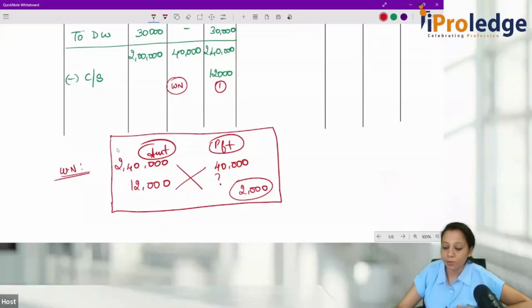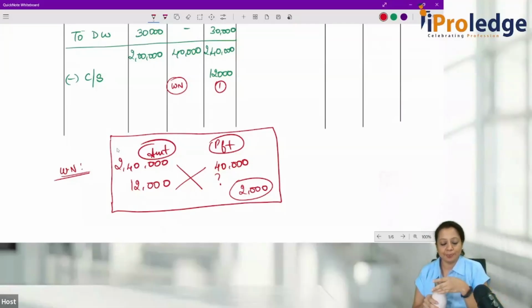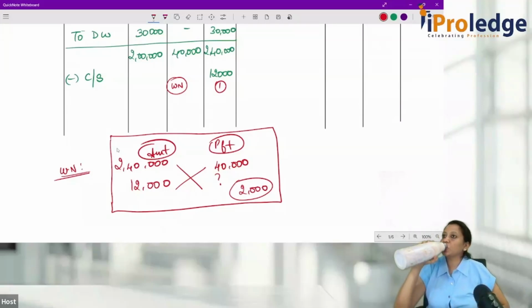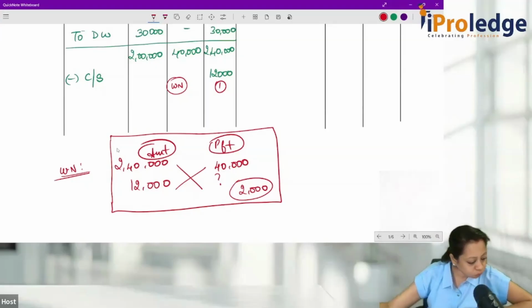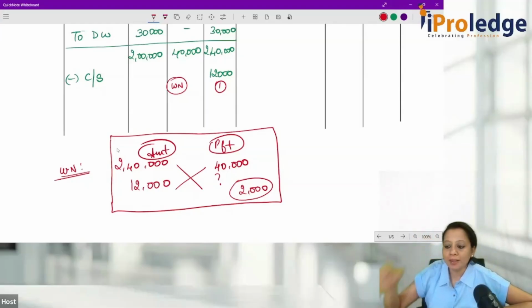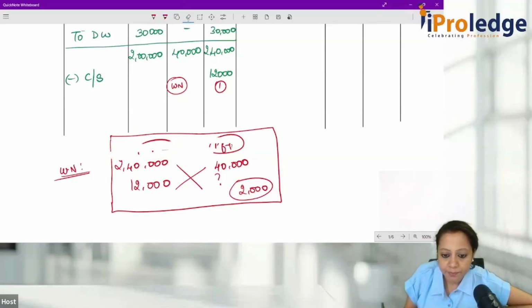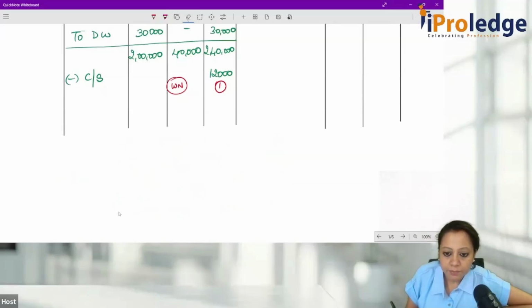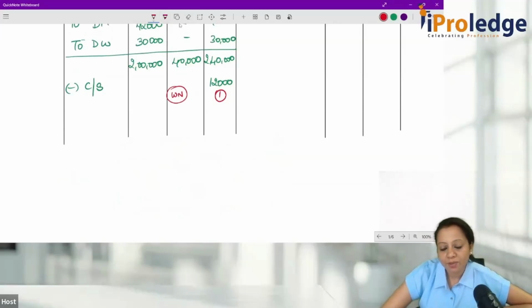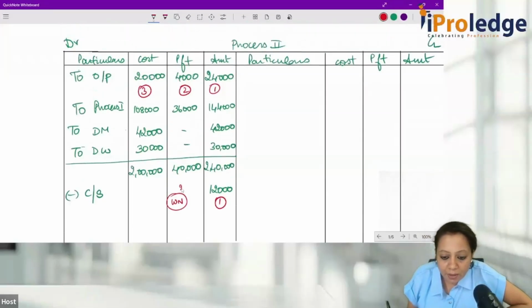I may have to erase this working note alone, so I erase the working note for space. Now the working note we got is 2,000.